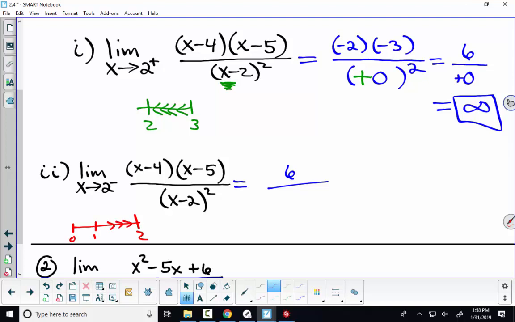If I plug any of those values in for this x, since they're smaller than 2, they will be subtracted from 2, which gives us a negative in there. But again, that quantity x minus 2 is being squared, so it's still 6 over positive tiny values, which is still infinity.